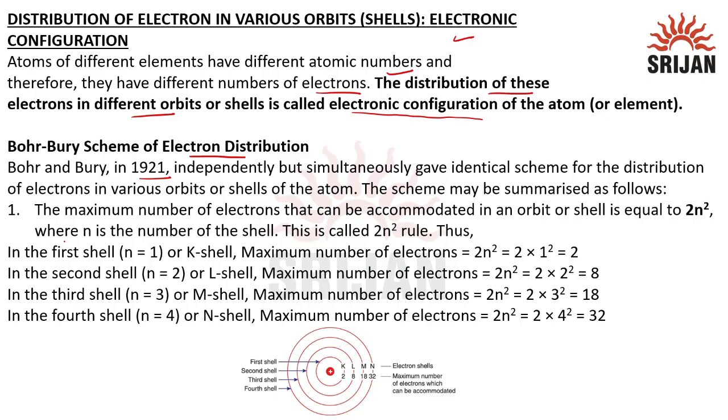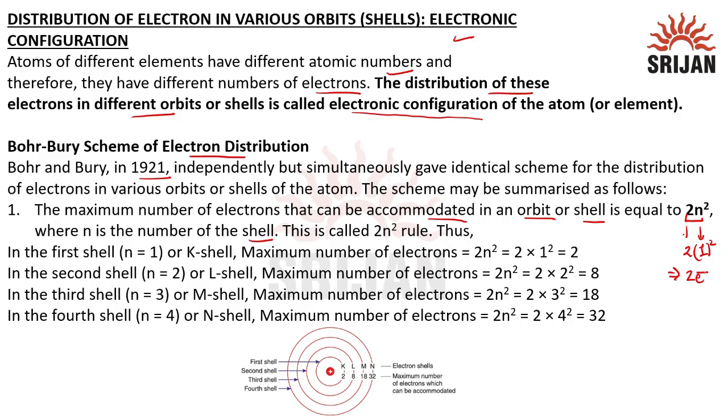The first rule is that the maximum number of electrons that can be accommodated in an orbit or shell is equal to 2n square, where n is the number of the shell. If the electron is in the first shell, n is 1, right? Calculating 2n square, that is 2 into 1 square, comes out to be 2.